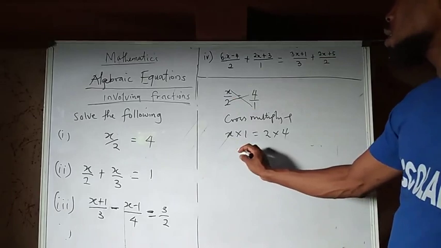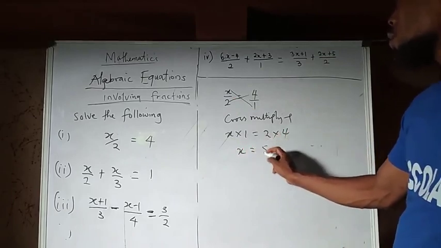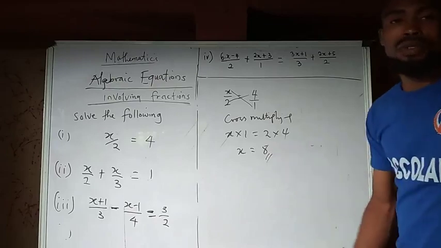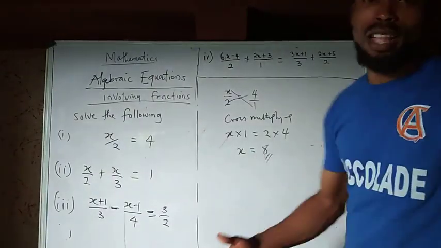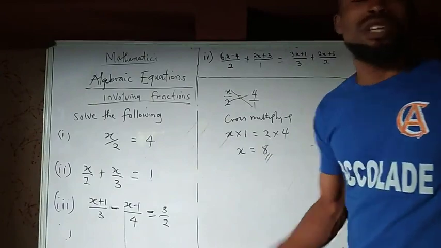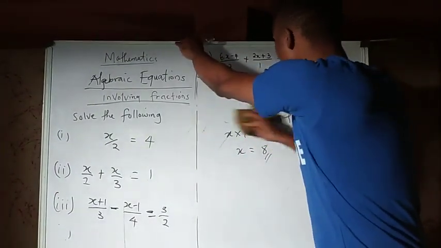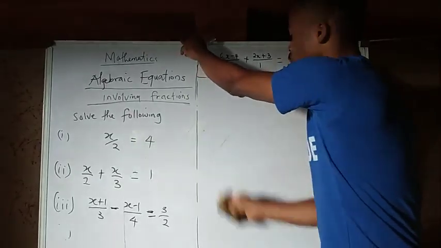So x times 1 is simply what? x. 2 times 4 is what? 8. I think this is something you love because it's a little bit straightforward here, but it's not always straightforward.